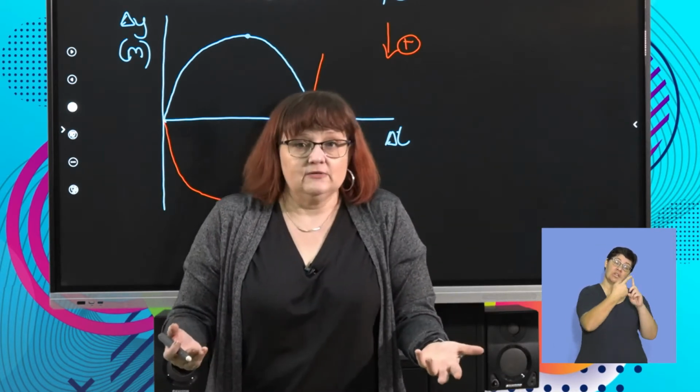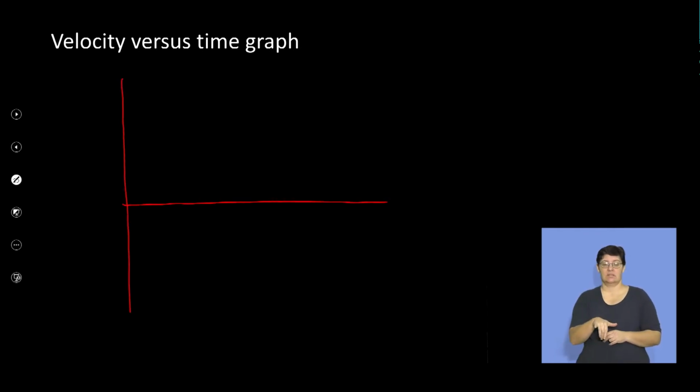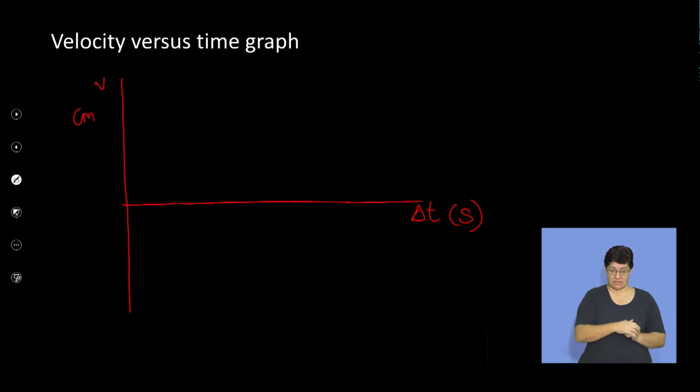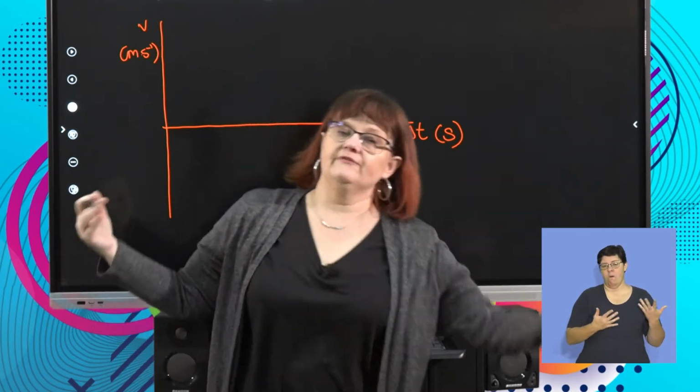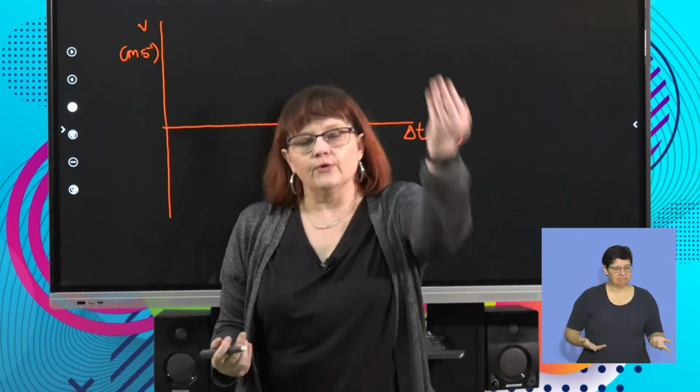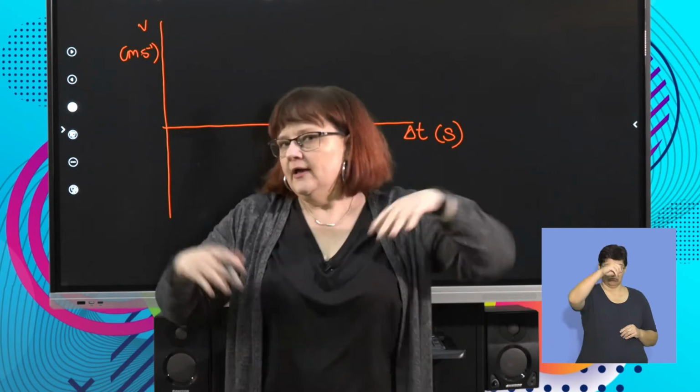It's quite nice, okay? Then we get our velocity versus time graph. And the nice thing about these is that it's always straight lines. Now, whether we start at zero or at another point with a velocity all depends on whether we threw it up, whether we dropped it, anything like that.